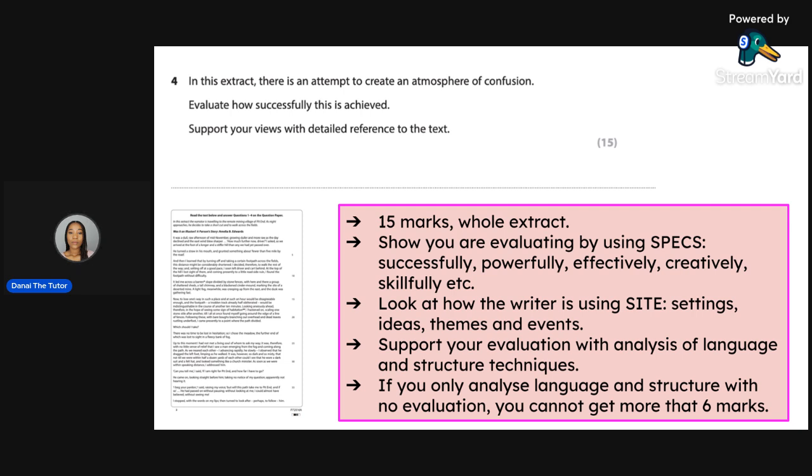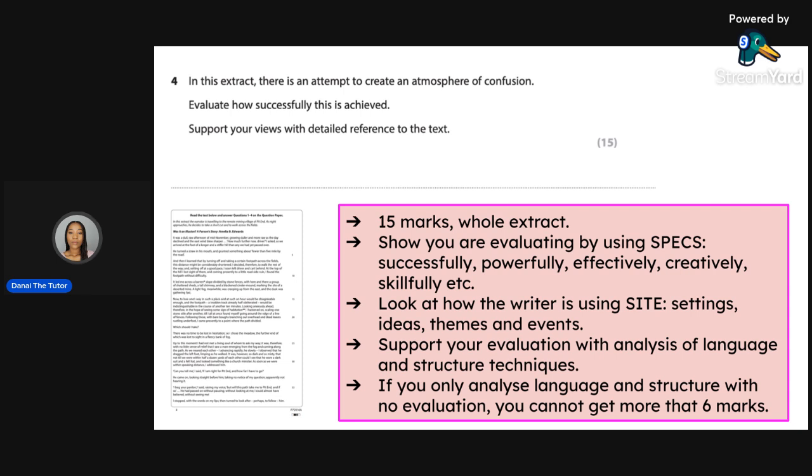It's always advisable to say that the writer is successful in doing this. So for this question, I would definitely advise that you just say that the writer is successful, that they are effectively presenting whatever atmosphere is pointed to in the question, and focus on supporting those ideas, okay?